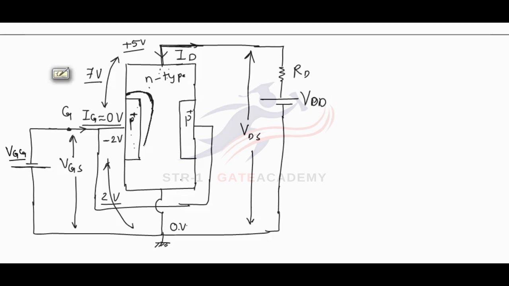And the depletion layer will be like this. Exactly, this will be the shape of depletion layer in JFET.